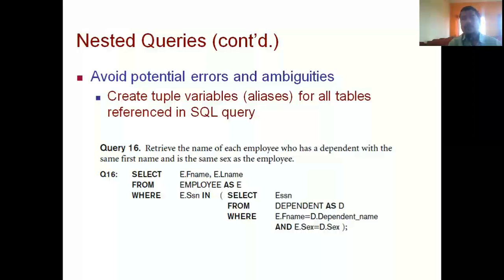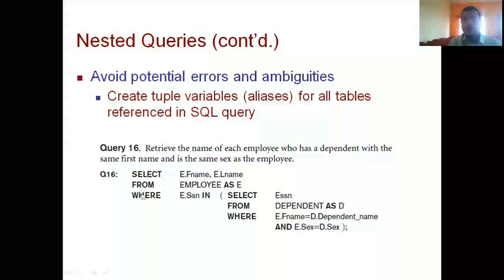So this is one type of writing this. We can say it is an alias or reference. So e.fname, select e.fname, e.lname from employee as e.